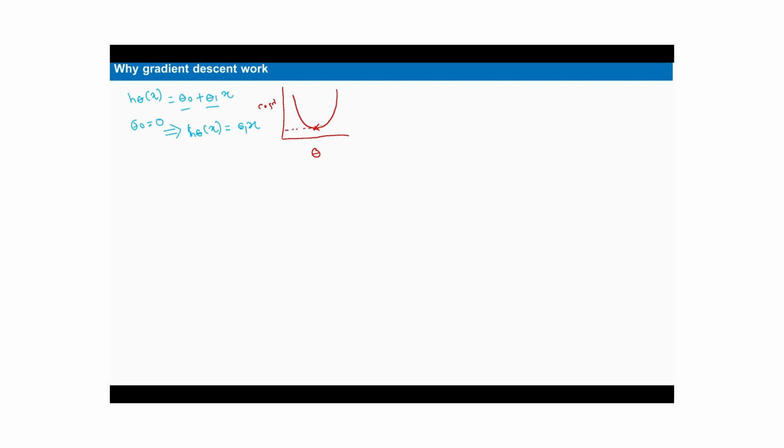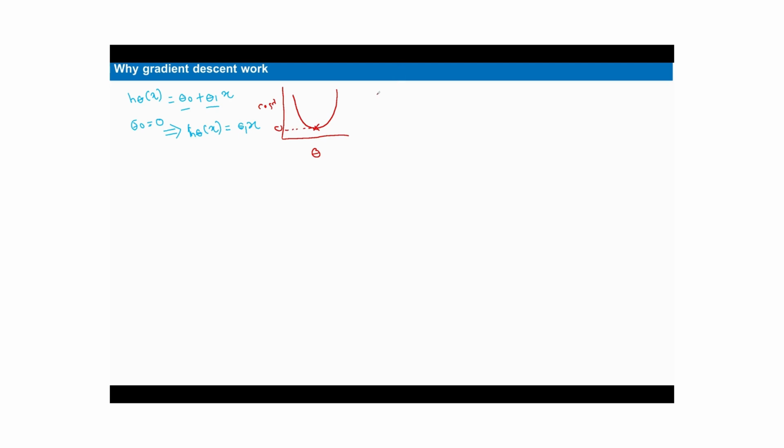Because the cost with respect to this value will be 0, meaning whatever theta is associated with that value, the cost will become 0. So with gradient descent we need to come up with such a value of theta so that the cost becomes 0.